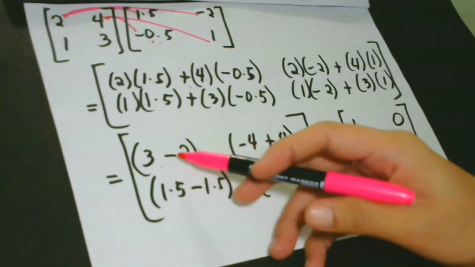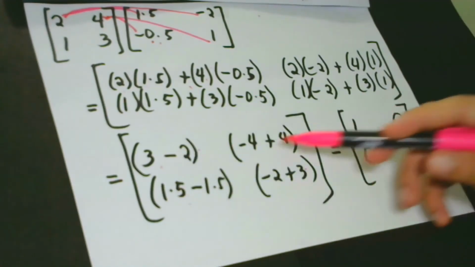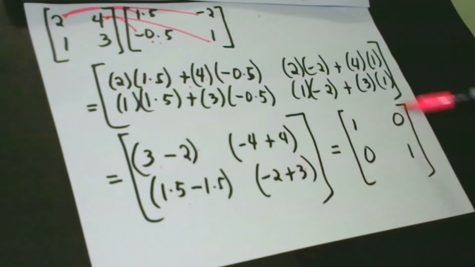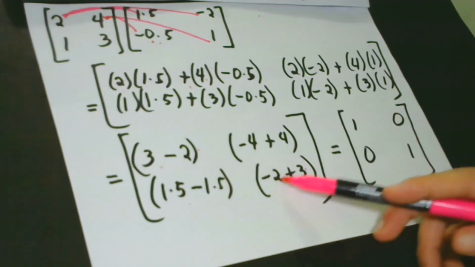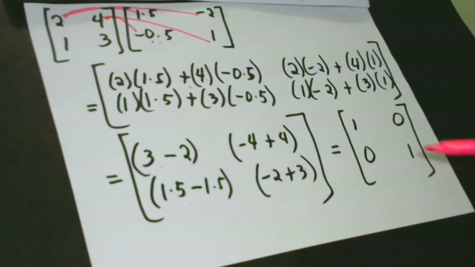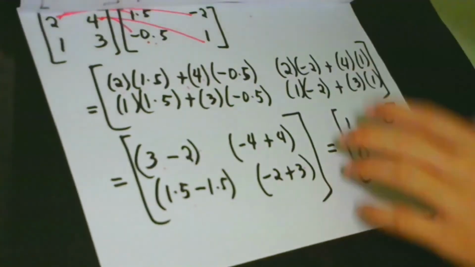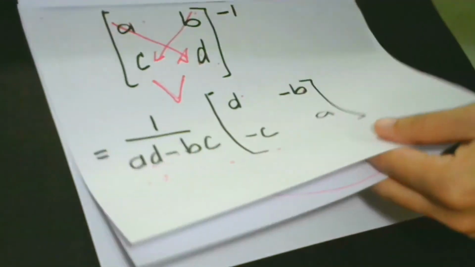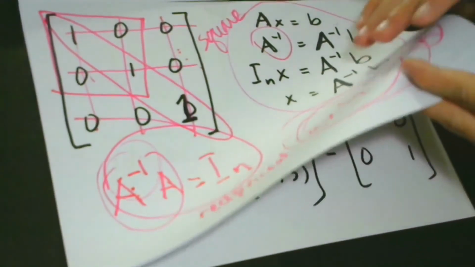And then we will do the same process for the lower terms. So 3 minus 2 gives us 1. Negative 4 plus 4 is 0. 1.5 minus 1.5 is 0. Negative 2 plus 3 is 1. So now let's go back. Right now let's examine.